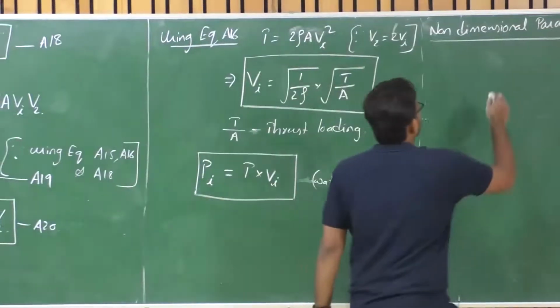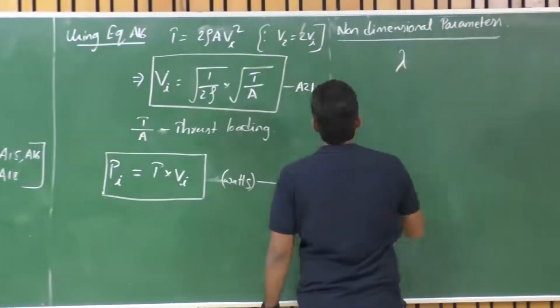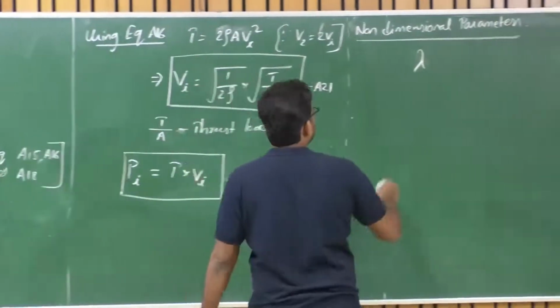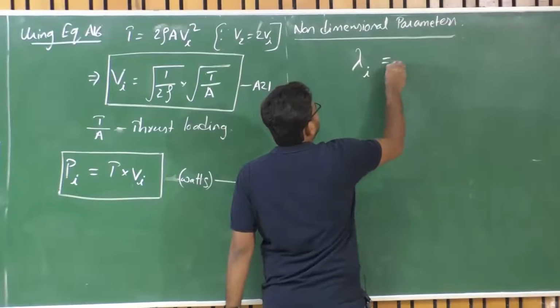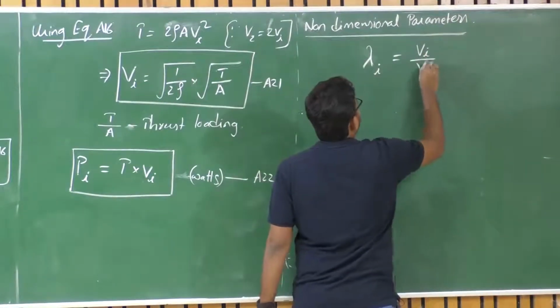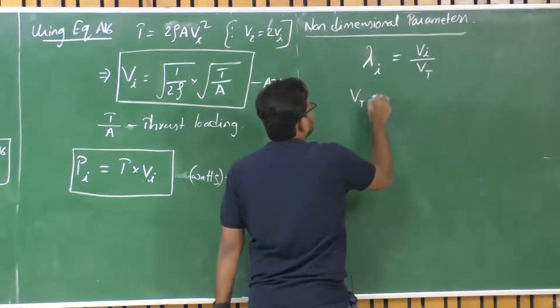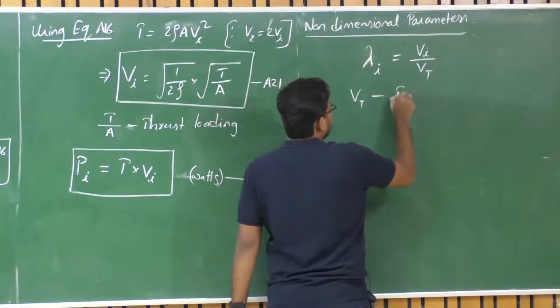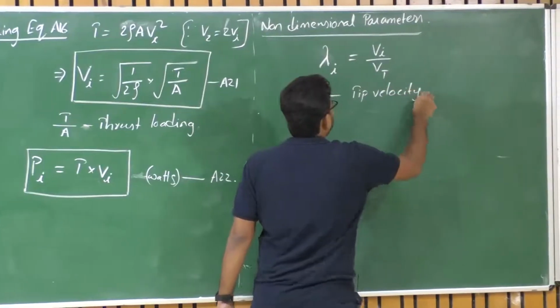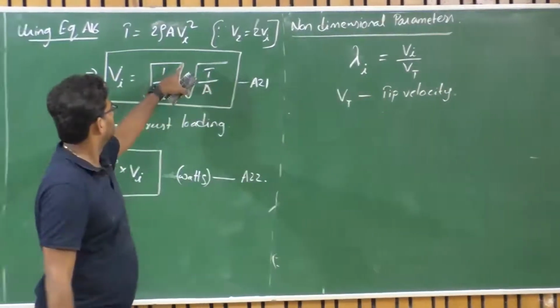So one important factor that we look at is the induced velocity here. Let's define a non-dimensional induced velocity, lambda I equals Vi upon Vt, where Vt is the tip velocity, the velocity at the tip of this disk, right?